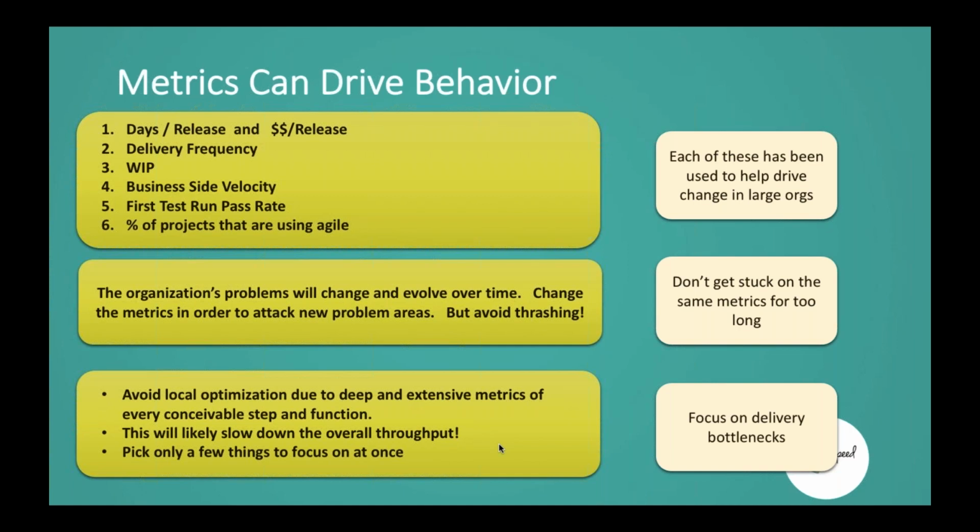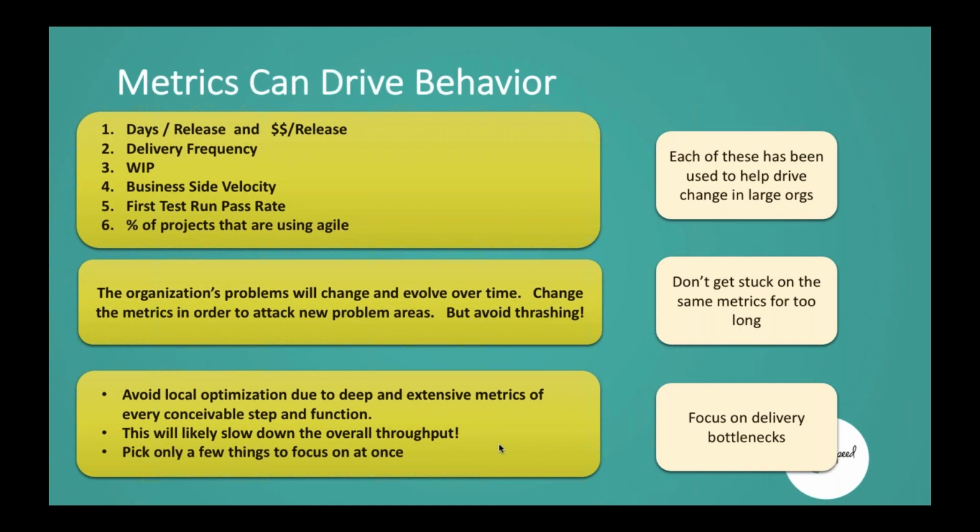When I went into formal test, I wanted to see very high rates of test passage, and they got that up well into the 90-something percent, using agile techniques and the ability to test early and often, such that when things went into formal environments, they worked. And other organizations use the percentage of projects that are even using Agile as a metric to drive overall organizational agility.